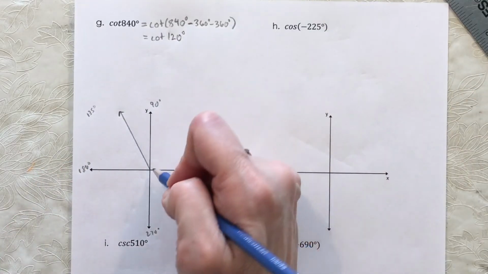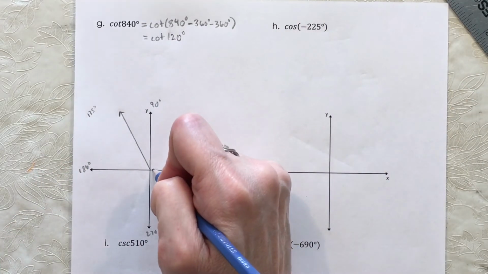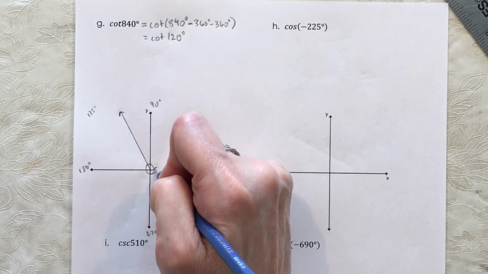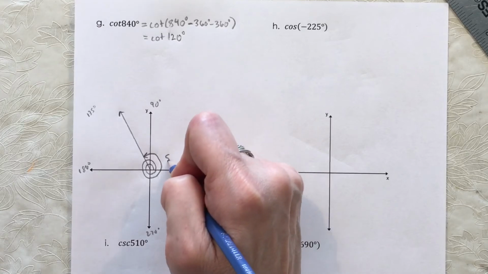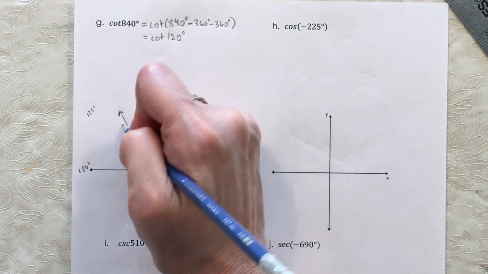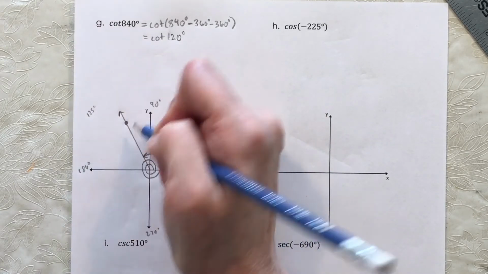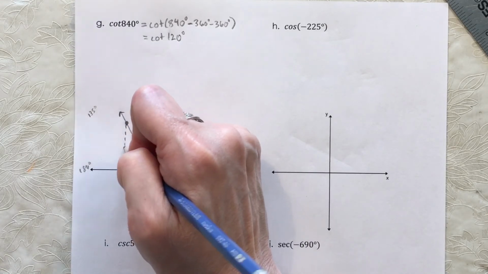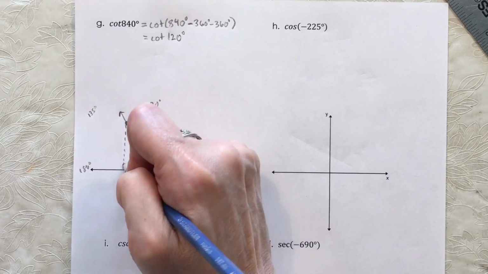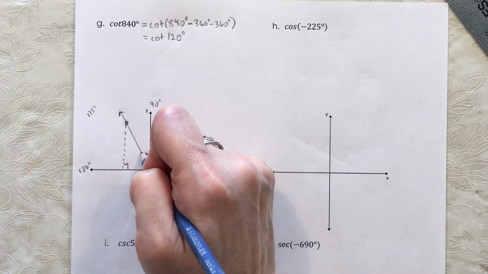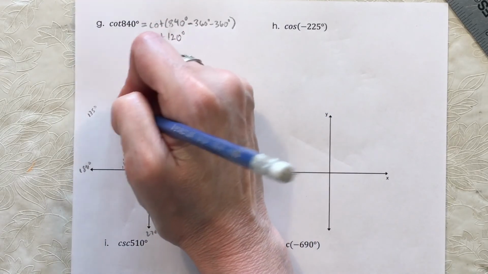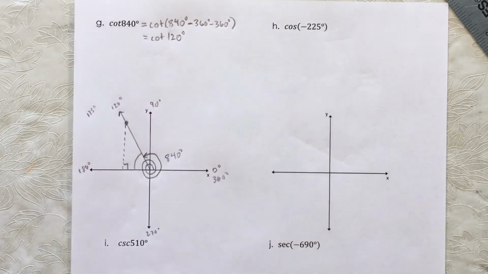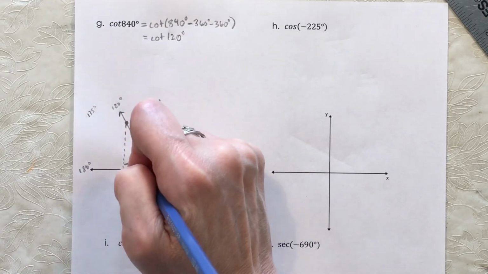But if I'm drawing 840, I have to go around 360, 360 again, and then 120 more. So that's 840 drawn there. And now I'm going to draw my special triangle. So this angle in here is going to be, if this is 120 and this is 180, then this angle in here is 60.